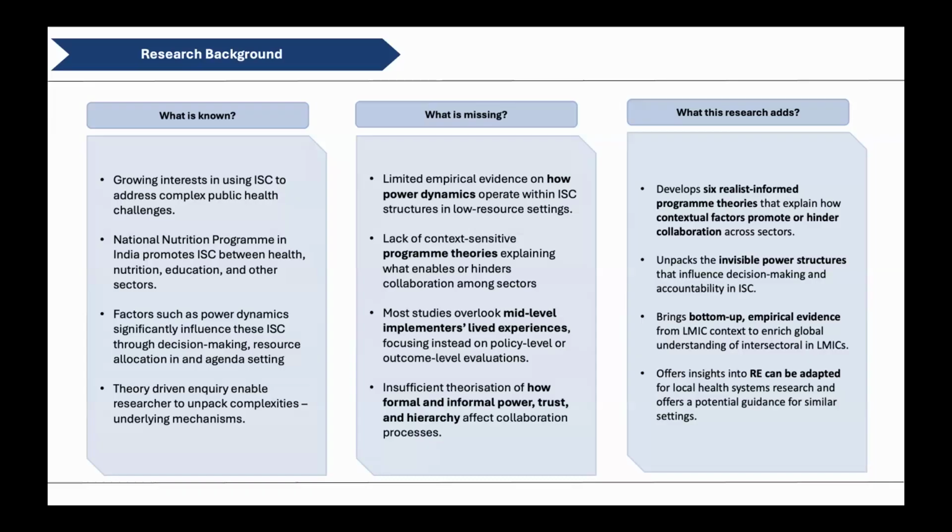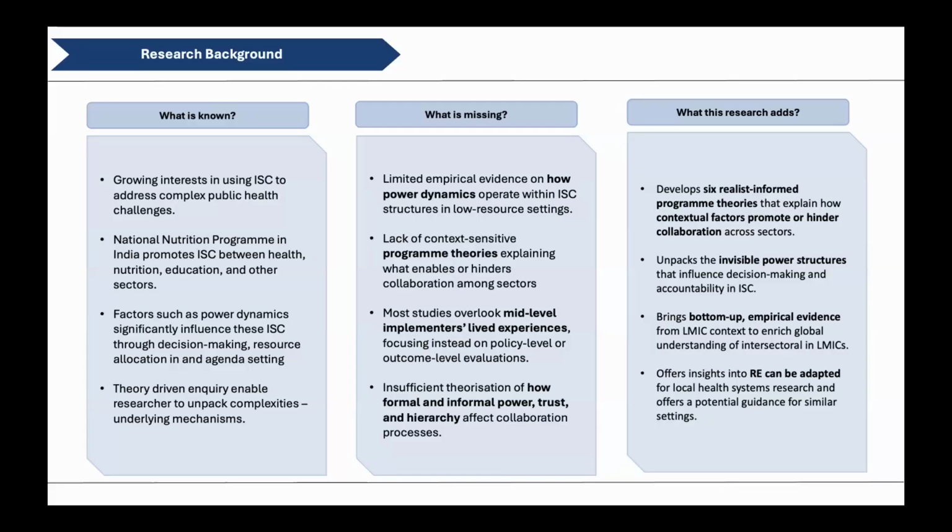One program India was implementing from 2018 and 2019 was the National Nutrition Mission, where the guidelines said that intersectoral collaboration between the health department, education department, rural development department, and all the sectors should come together to address malnutrition among children in India.